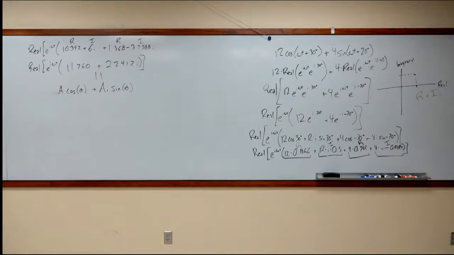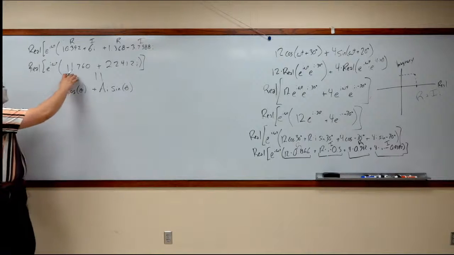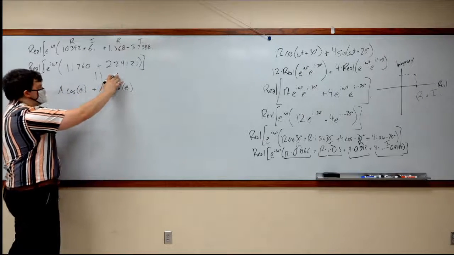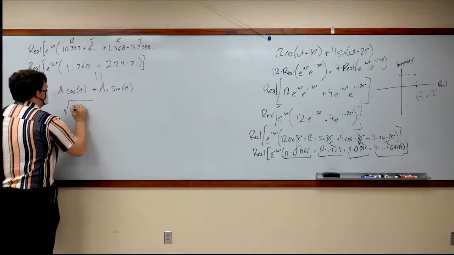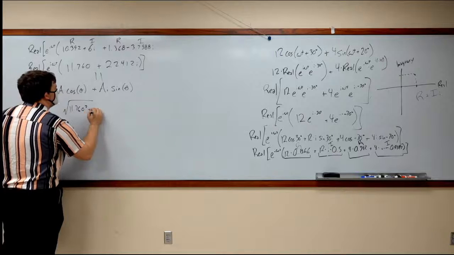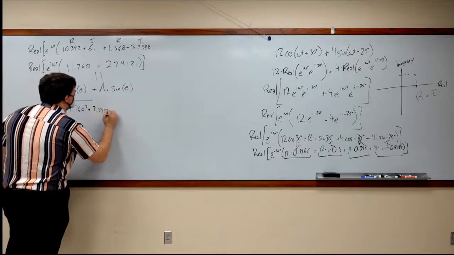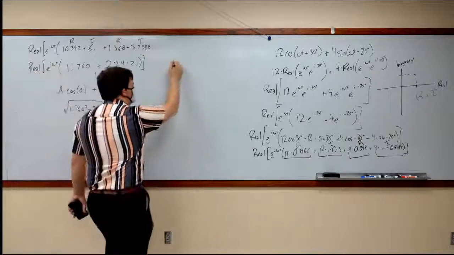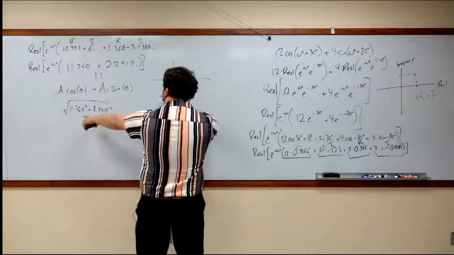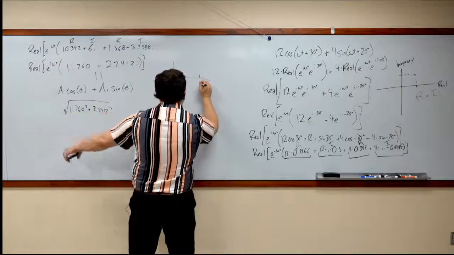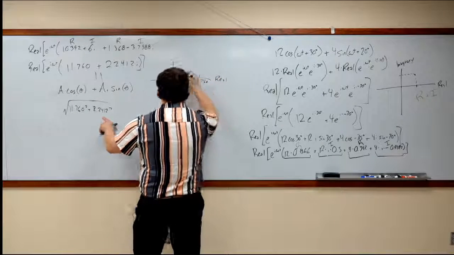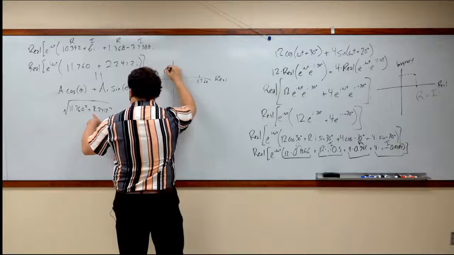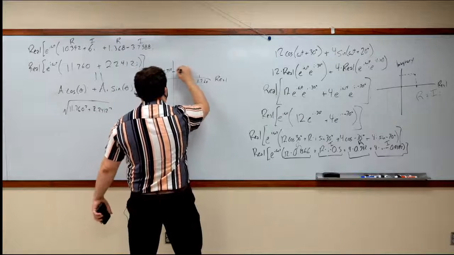To figure out the value of a, the maximum value occurs when this is all real. So the maximum value occurs when you take the square root of 11.76 squared plus 2.2412 squared. Now all that we're doing here is, again, going back to our axis. Here we've got 11.76 on the real, and then we have 2.2412 on the imaginary.